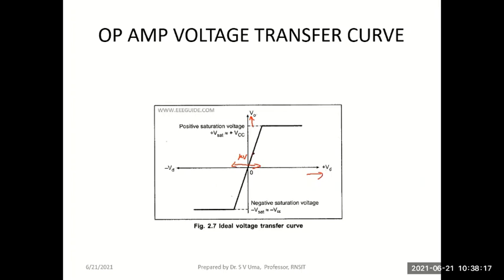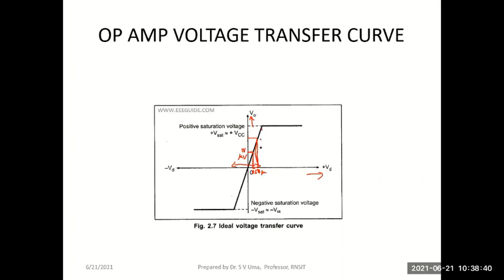When I have the input as, say, 0.5 microvolts or 1 microvolt, the output voltage can be 1 volt or something. You will have the output increasing linearly with the input.